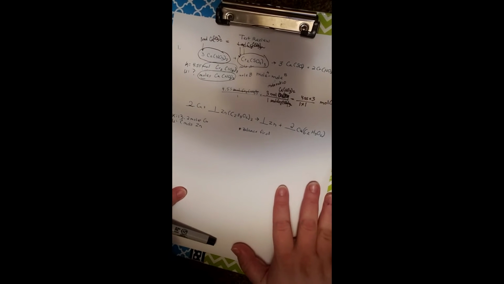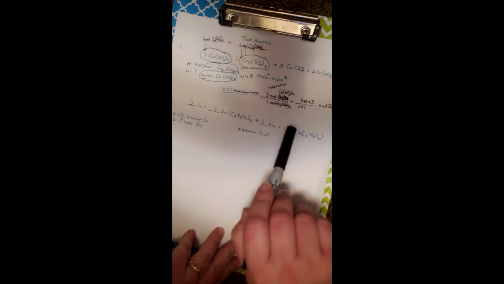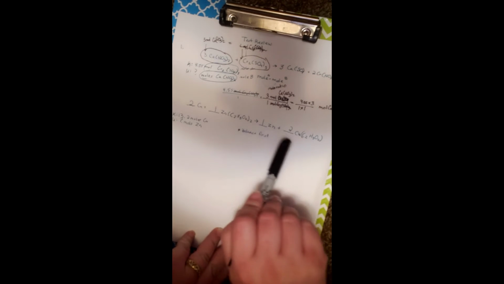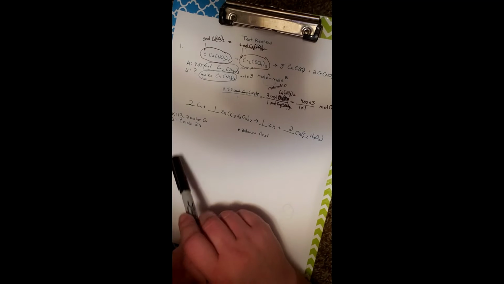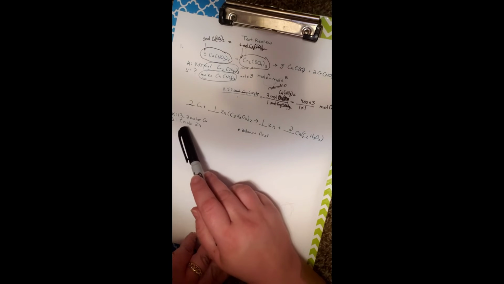Okay, let's go ahead and move on to the second calculation. In the second calculation, make sure you can see it. We have an equation. It was not balanced. You must balance it first. The balancing goes 2, 1, 1, 2. And we are given once again moles of copper and our unknown is moles of zinc.